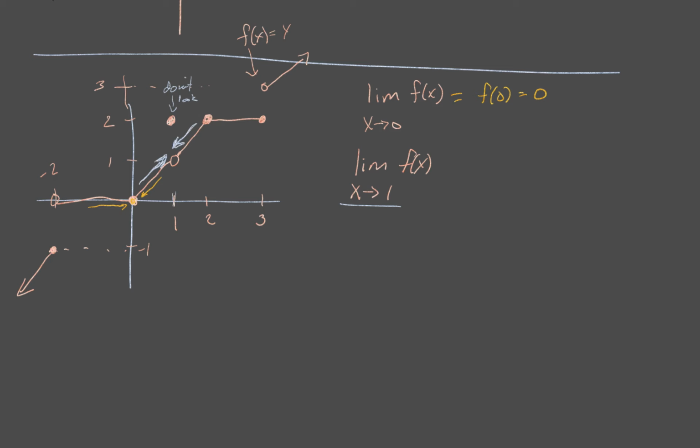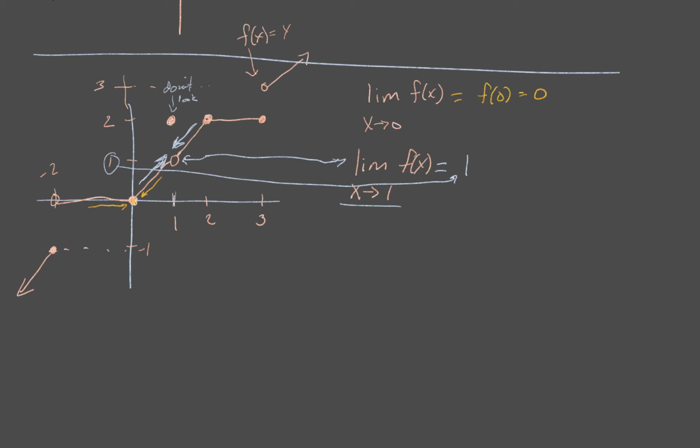If this function was nice and smooth, the limit is the value the function would want to be. And it looks like we would want to fill in that hole for this limit. So this limit is going to be what that output would be if we could fill in the hole, which is 1, right? This 1 value is what the output would want to be if we could fill in that hole. So that's what that limit is.